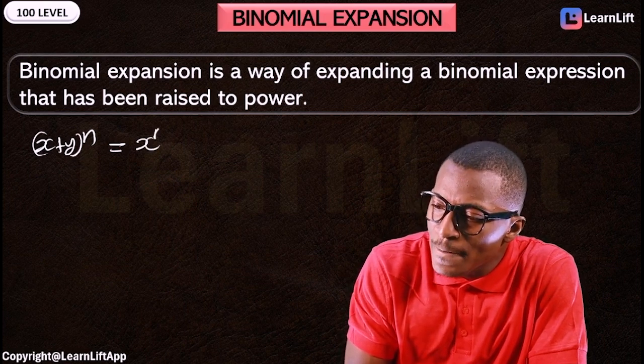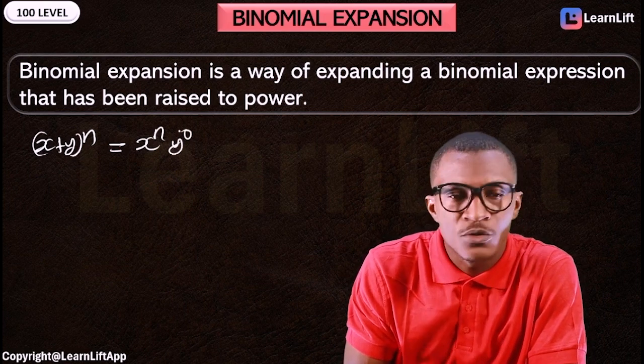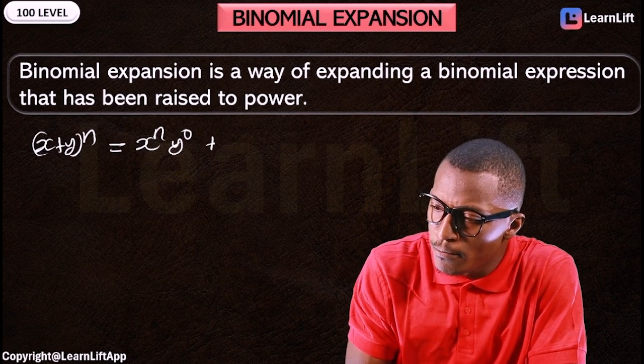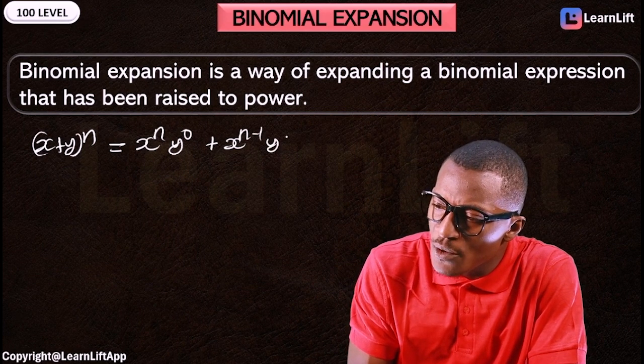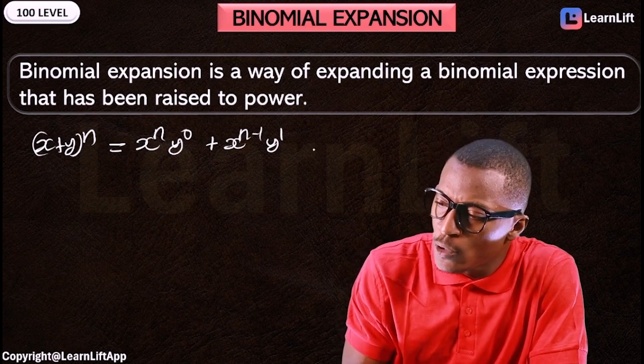So this is written as x raised to power n, y raised to power 0, plus x raised to power n minus 1, y raised to power 1, plus, what can you see?